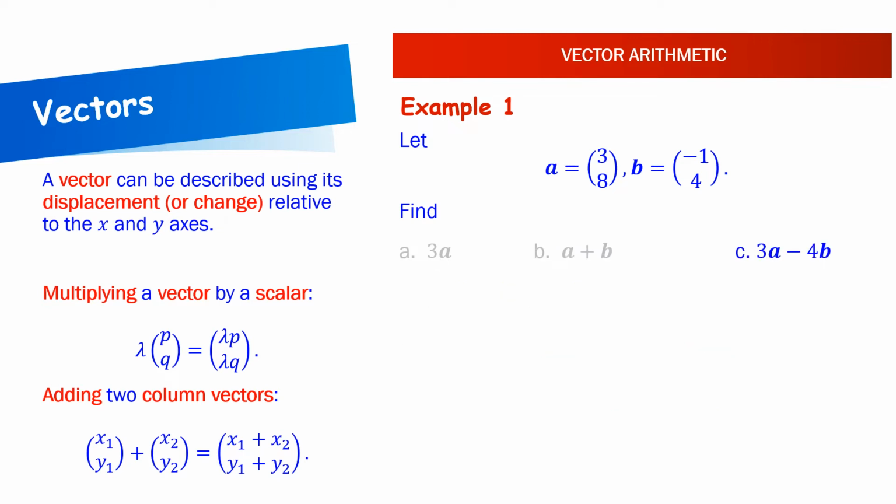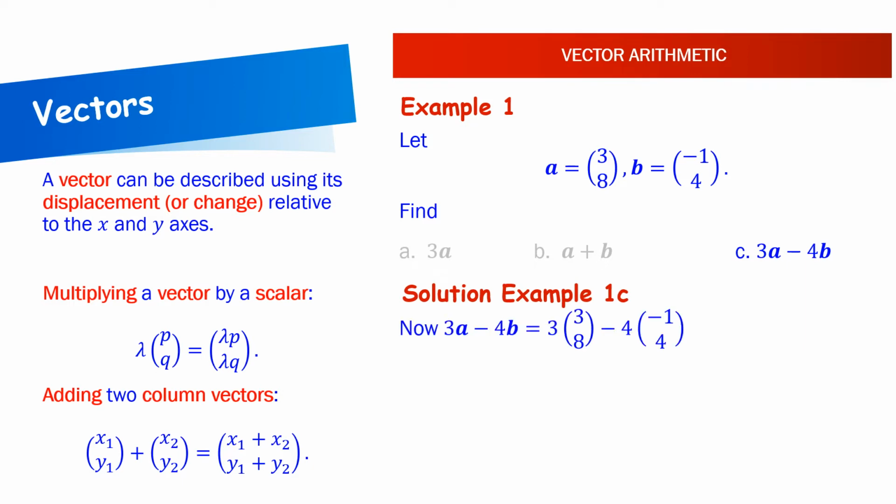And finally for part C, let's solve this. 3a minus 4b looks like this.